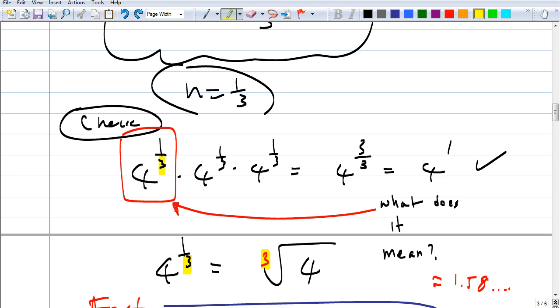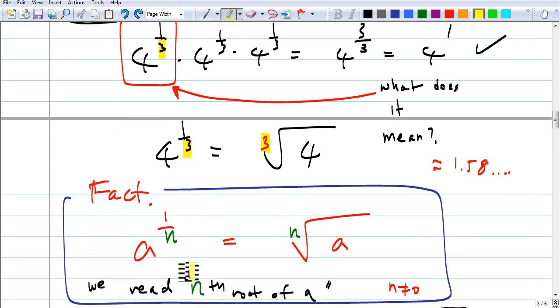Does that make sense? So do you think we're limited to just having that denominator be 2 or 3? Do you think we could have 4? Do you think you could have 5? Yeah, you could actually. As long as n is not 0, you could have any number there. Okay? So a to the 1/n power means, this is how you read it, nth root of a. So for the square root, you need that number n right there.